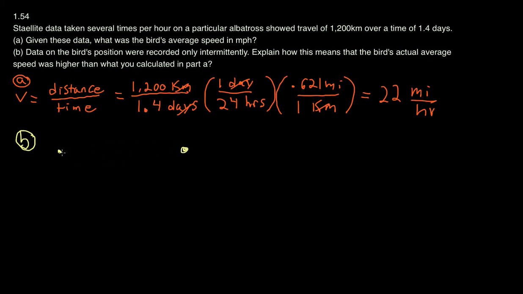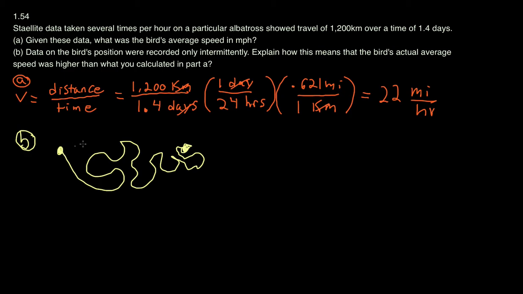If we just know the bird's position here and here, we don't really know what's going on in between. For instance, if the bird took some crazy path like that, and then we knew he ended up here, there's no way for us to know how it happened in the middle. We only know what happened at the two endpoints.